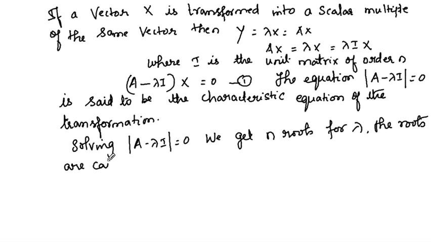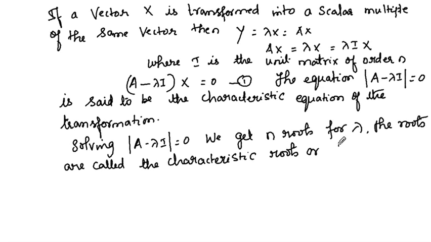After getting the eigenvalues, we will be finding the eigenvectors. So how to find the eigenvectors? Corresponding to each value of lambda, the equation Ax equal to lambda x has a non-zero solution, vector x.